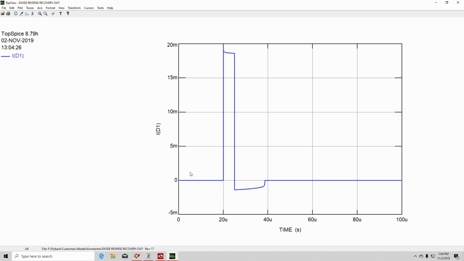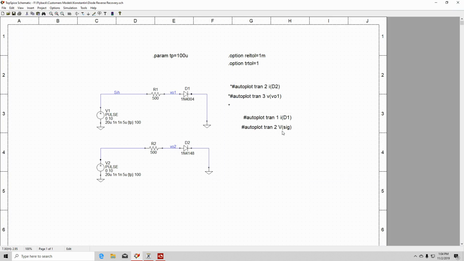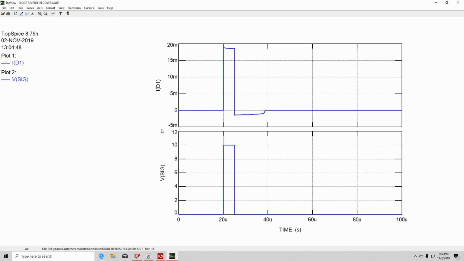So, and I'm not displaying the signal. Why not? Oh, okay. Let's go ahead and do that. Okay, so here we go. So here's the voltage in, goes to 10 volts. Okay, so then the current follows.